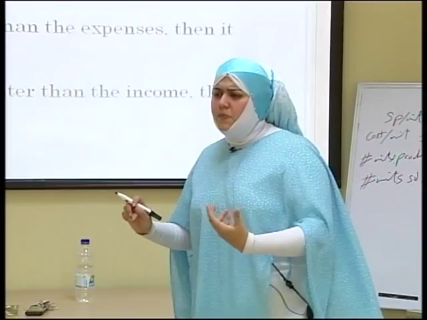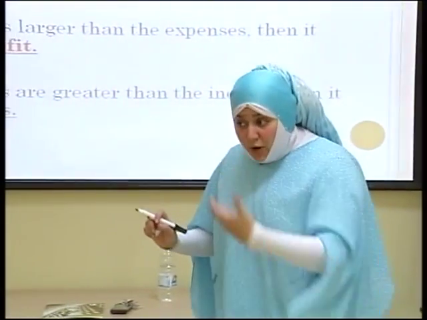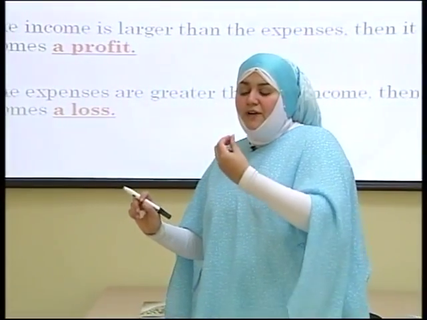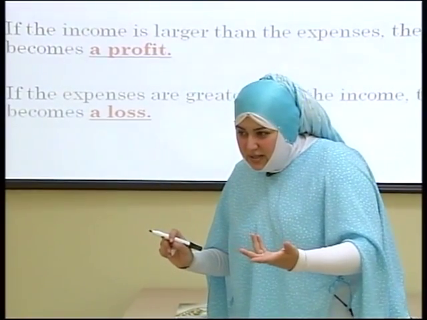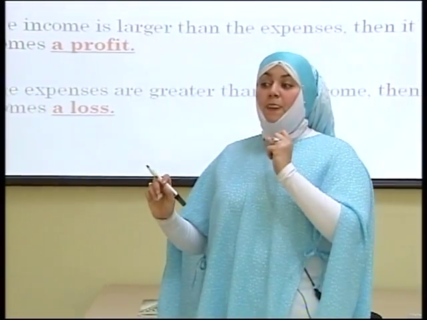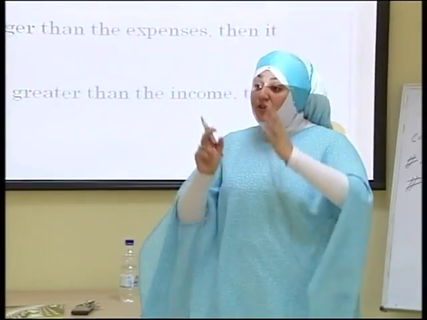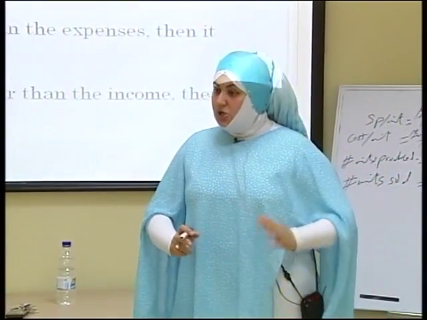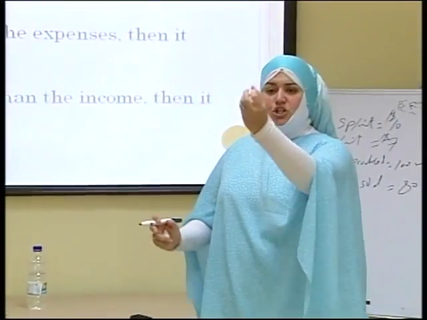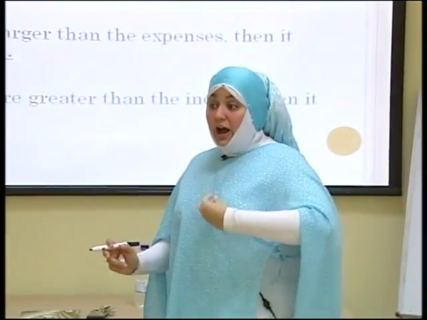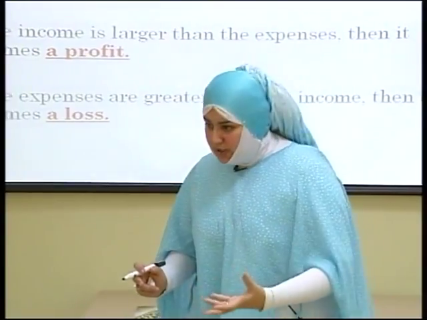When I say income, do we mean profit? Or we mean the value of the sales we achieved? No. Here in your book, the word income means revenues, means sales. Only selling. How much did you receive? For how much did you sell this product?